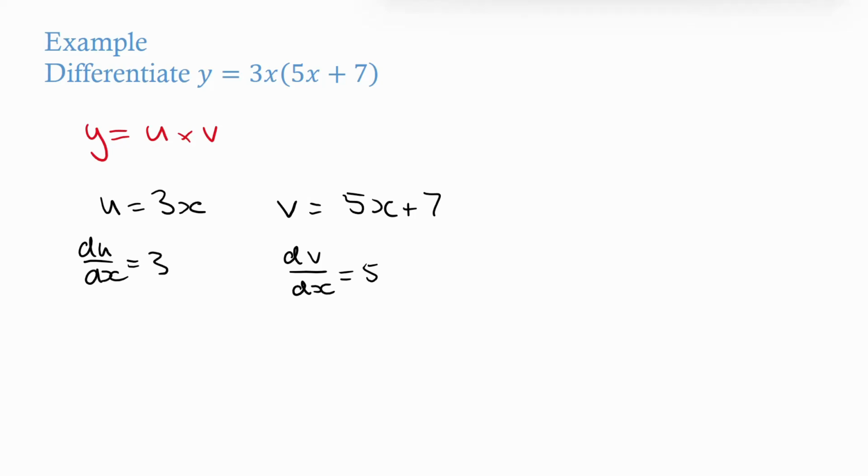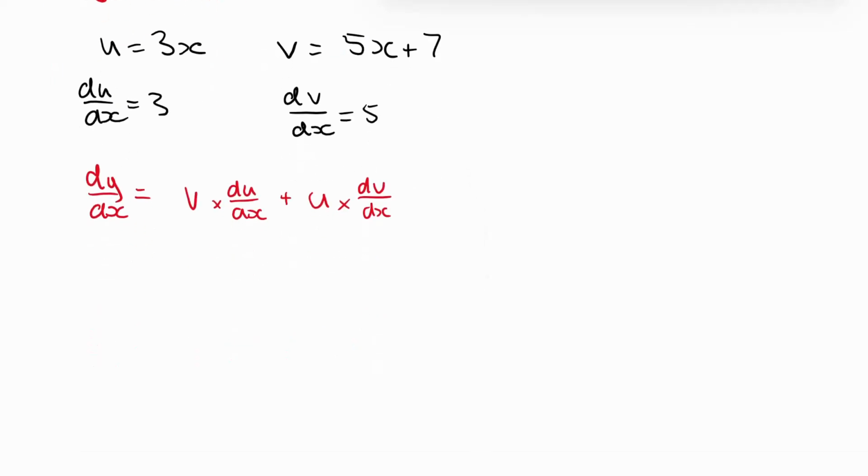This is where it's always good to rewrite your formula: dy over dx is going to equal v times du over dx plus u times dv over dx.